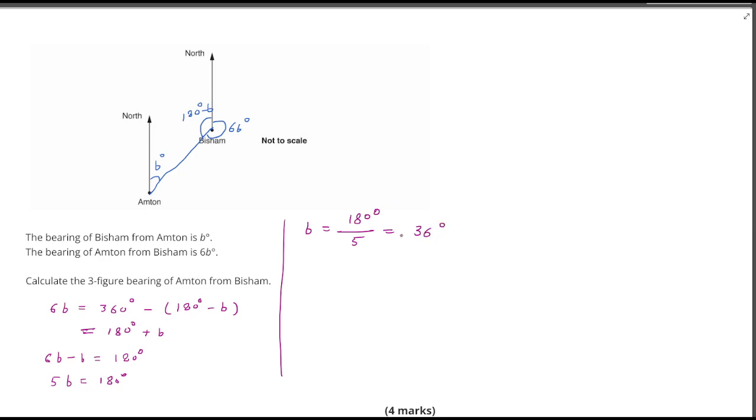So angle B is 36 degrees. Therefore, your 6B is 6 times 36. 6 times 6 is 36, 6 times 3 is 18, 18 plus 3 is 21, so 216 degrees. So your bearing of Empton from Bisham is 216 degrees.